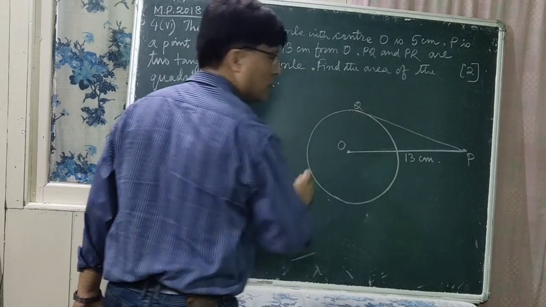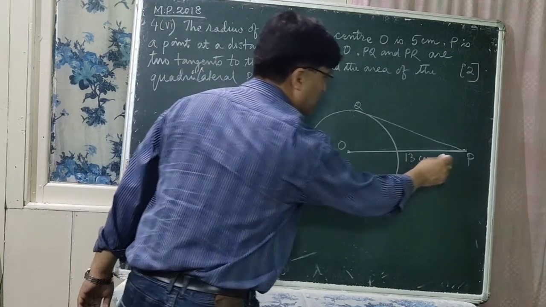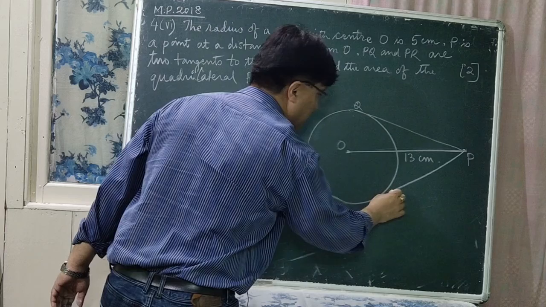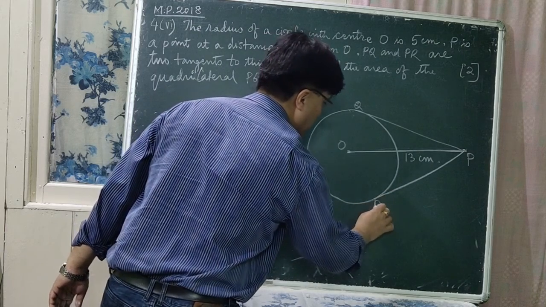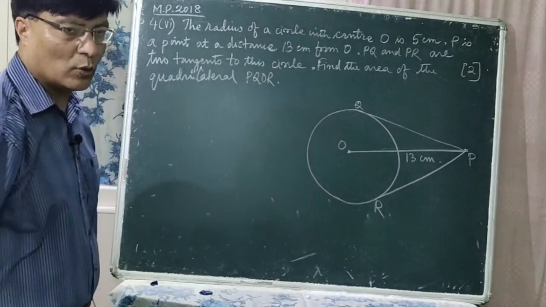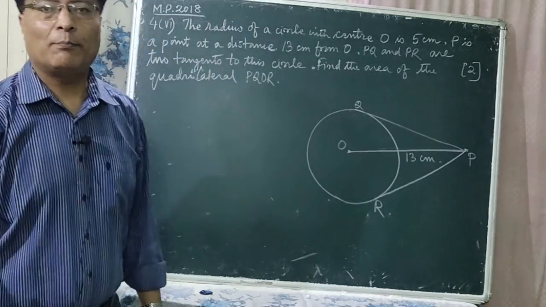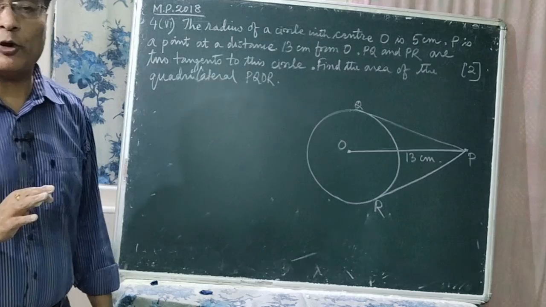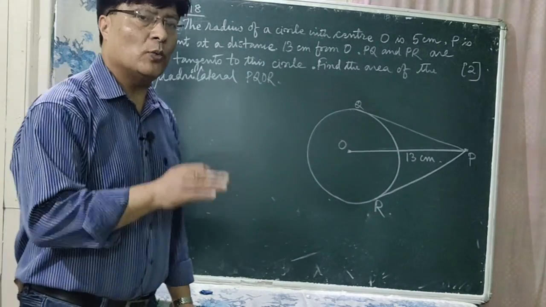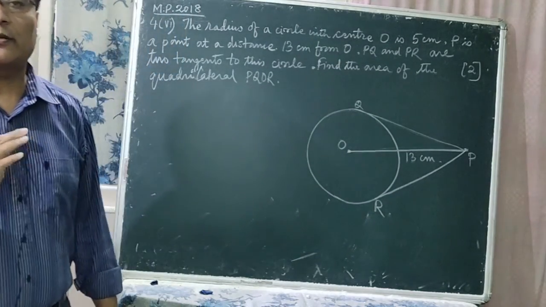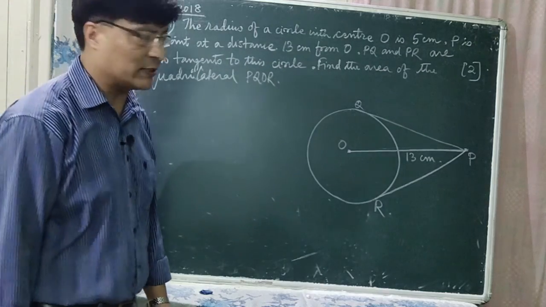This PQ is drawn tangent to the circle, and also PR is another tangent to the circle with the center O. Okay, and these Q and R are known as the points of contact. So what is my point of contact? The point where the tangent touches the circle is known as the point of contact.